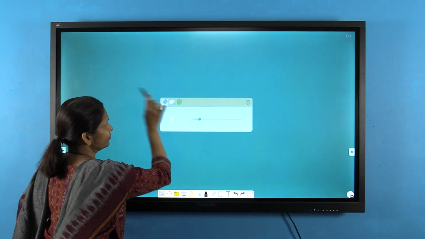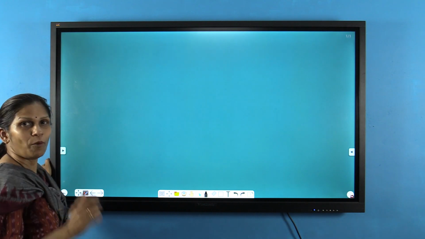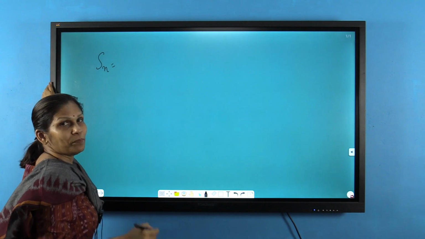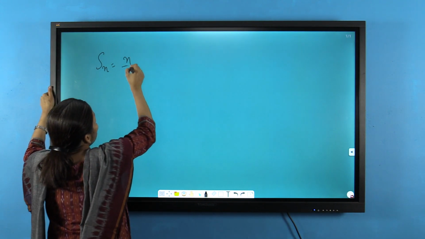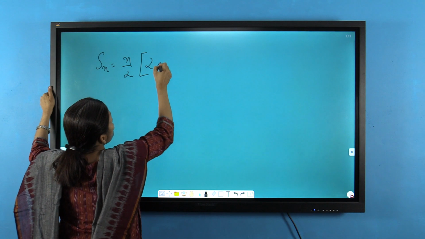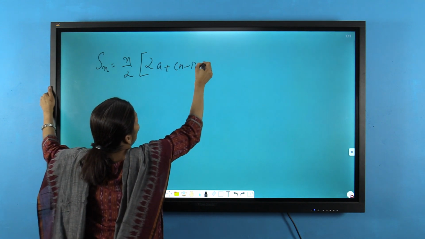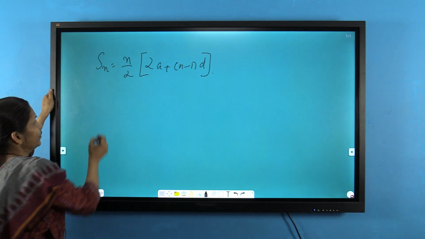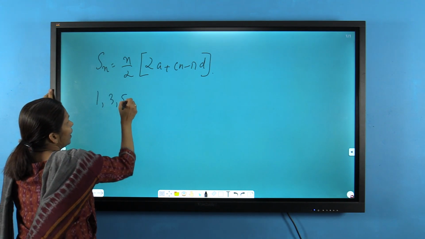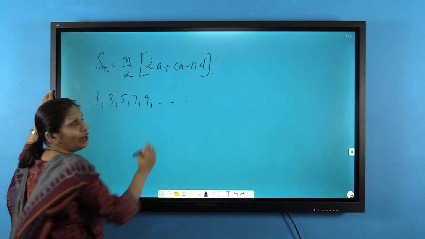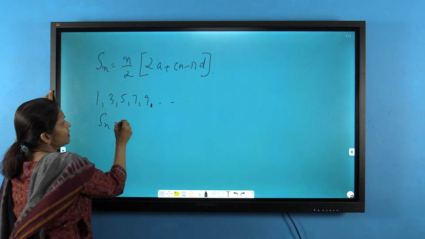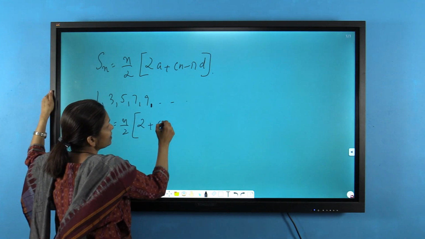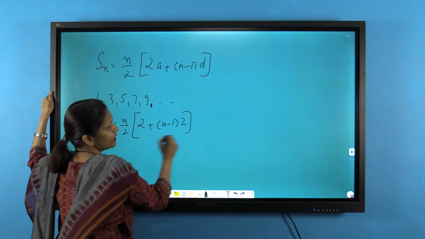Now, let me tell you one more. Sum to n terms of an AP. The formula is n by 2 into (2a plus (n minus 1) into d). So, using this very same example, 1, 3, 5, 7, 9 and so on, what is the sum to n terms? It is n by 2 into (2a, which is 2, plus (n minus 1) into d, that is 2).